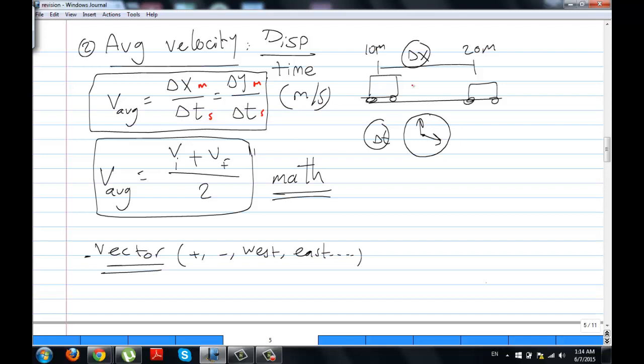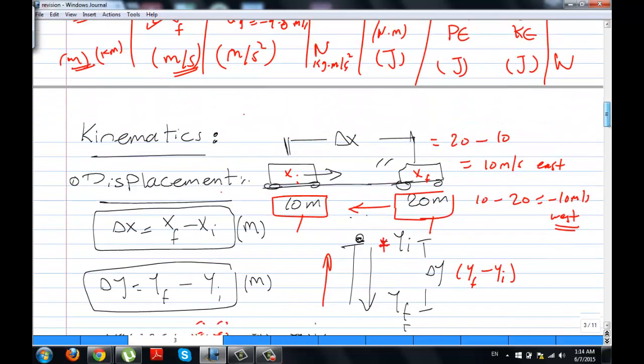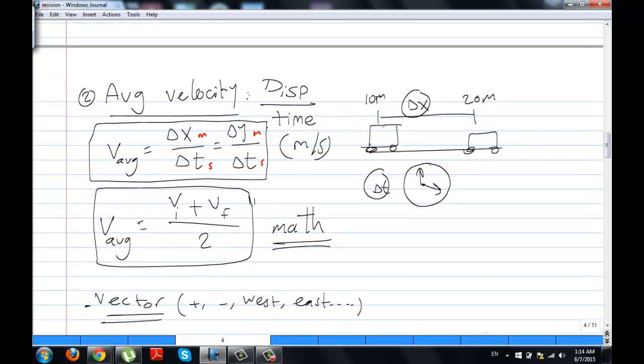An example, if the same car, the same situation, the car is moving from a 10 meter sign to a 20 meter sign, but in this situation there is time here. I have mentioned time. So I have two physical quantities: one of them is position, which is initial position and final position, and I have time.